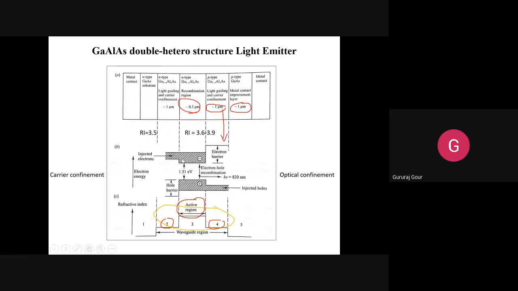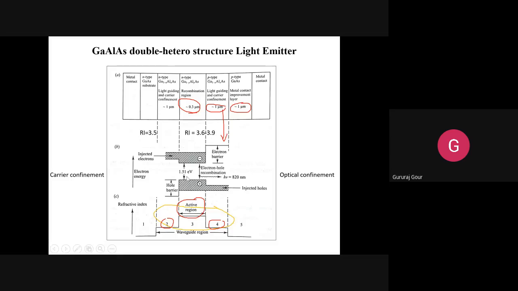Carrier confinement refers to the majority carriers being injected. The N type 1 micrometer layer injects electrons into the N type 0.3 micrometer layer, that is the conduction band, and here the P type 1 micrometer layer injects the holes. Okay. So we want more electron and hole recombination to take place here with reduced band gap energy.